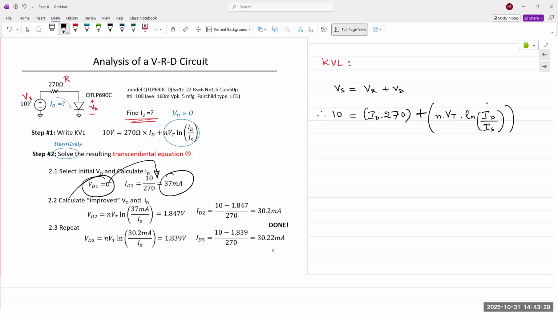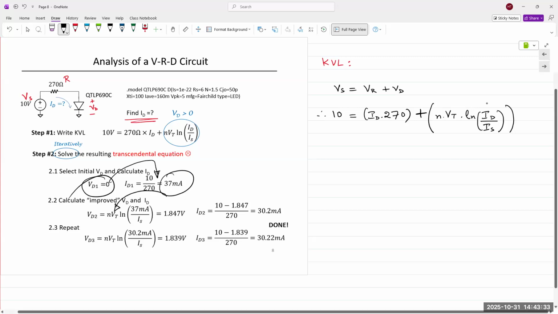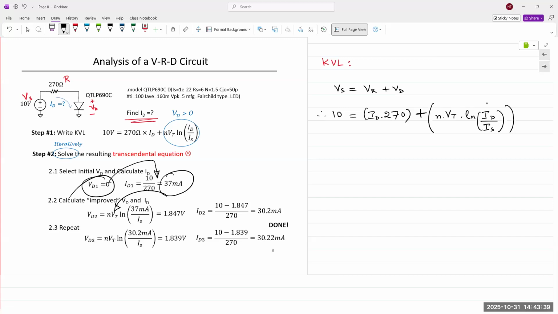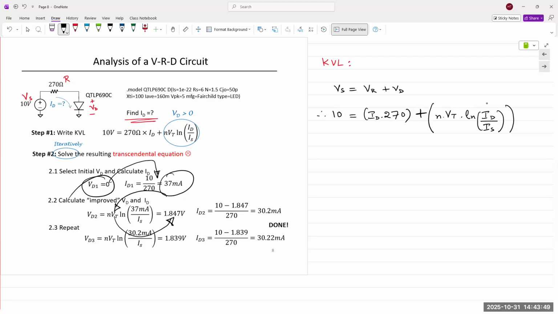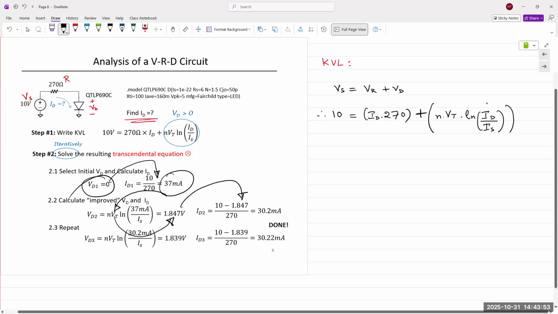Now we take the 37 milliamps and we plug it into this equation. And we plugged in the value for ID in there. We obtained diode voltage as 1.847. Okay, 1.847. From this, we calculate the diode current again.